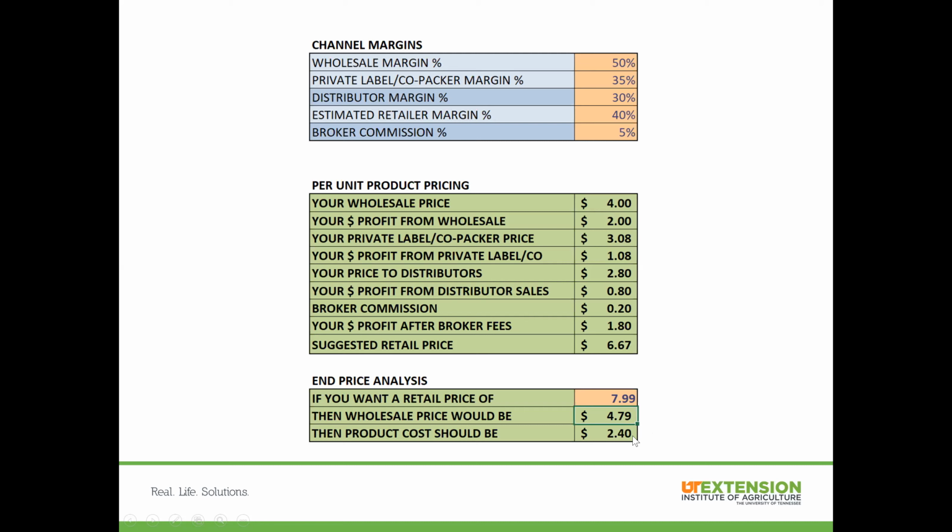Well, we have said earlier that our product cost is $2, and so this allows us to easily capture that retail price of $7.99. We could even back that off a little bit to still stay within our margins and have a product cost that's no less than $2.